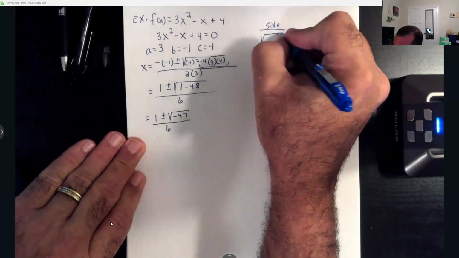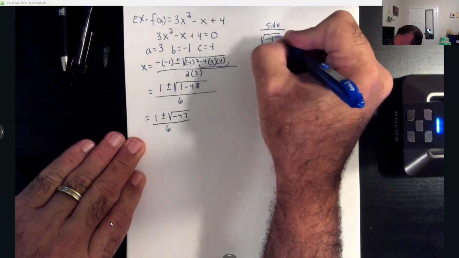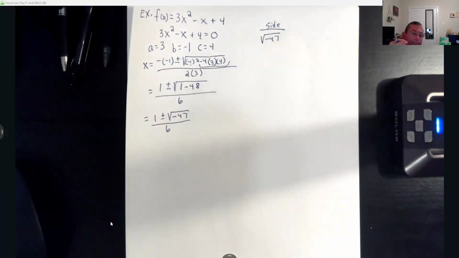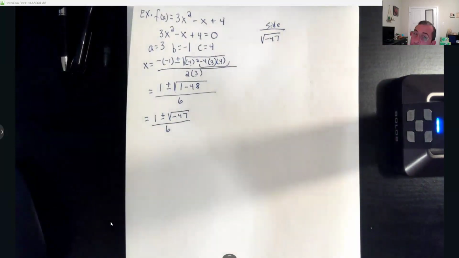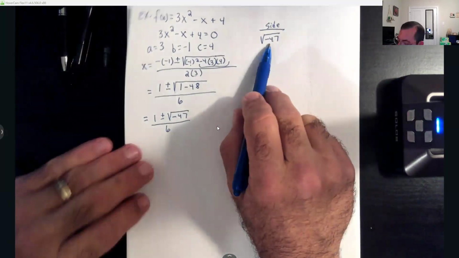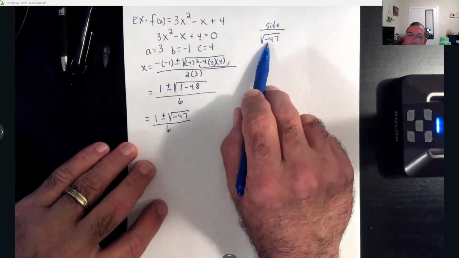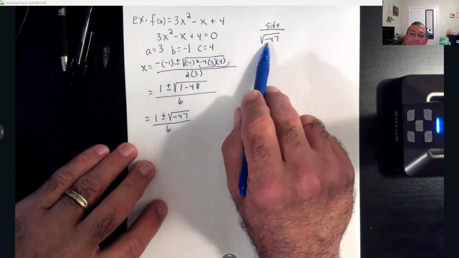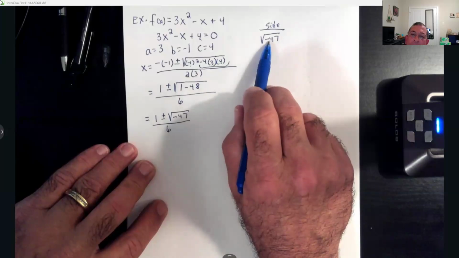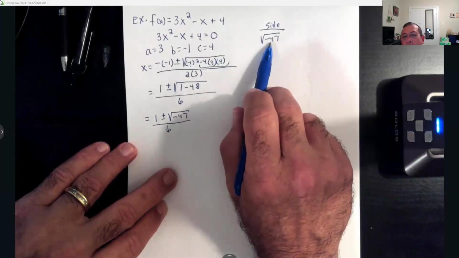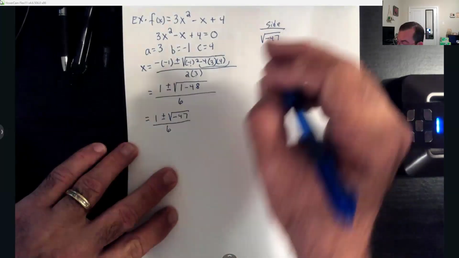I got a square root of -47. Well, in the real world, we cannot take square roots of negative numbers, because when you multiply like signs, there's no way to get a negative. So this is where we get imaginary numbers from.